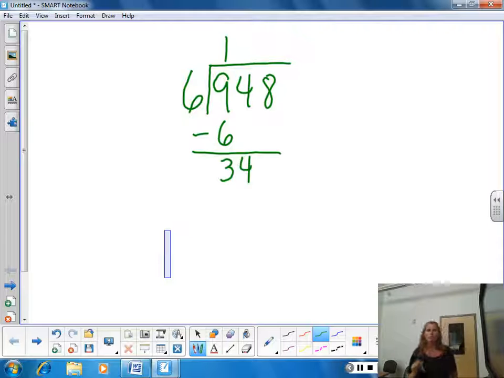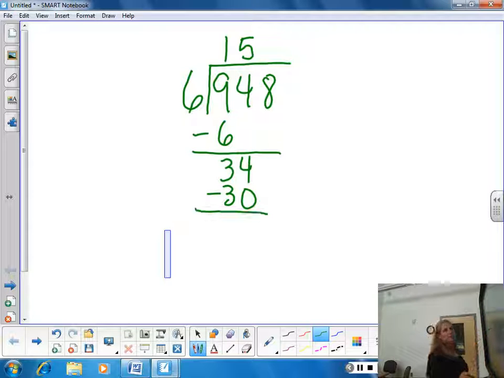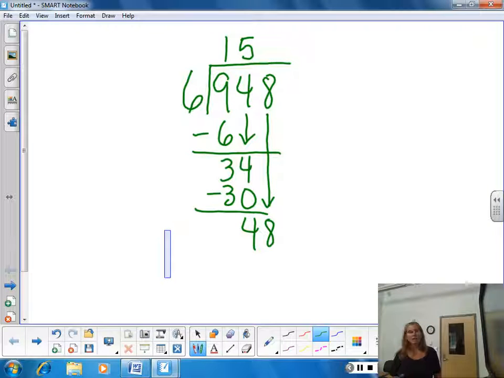6 goes into 34 5 times, because 6 times 6 would be 36. That's too much. So that's 5. 5 times 6 is 30. You're multiplying and writing it down and then subtracting. Subtracting, you get 4, and then bring your 8 down. 6 goes into 48 8 times. This is just knowing your multiplication facts.